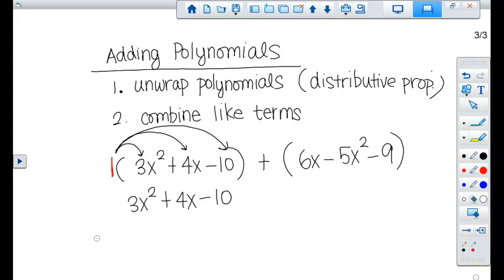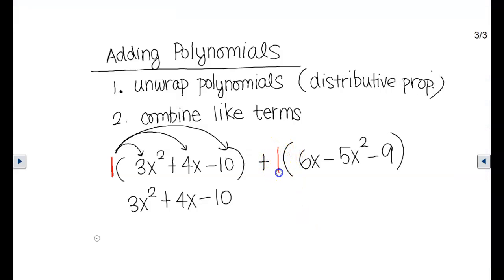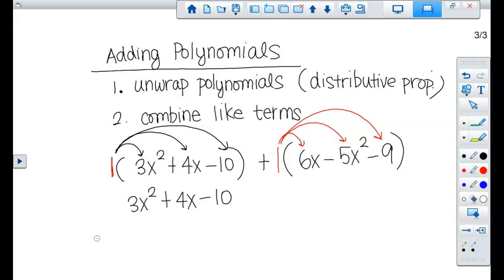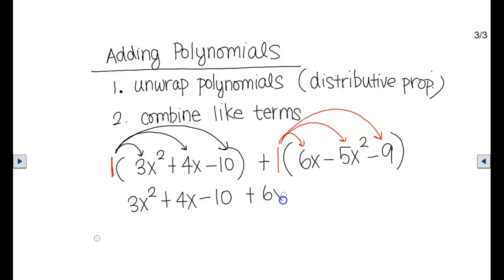When I come over here to my second polynomial, same thing. When I look here in front of the parentheses, I don't see a number, so I know there's an invisible 1 there. And he is a positive 1 because there's a plus in front of him, so I'm going to distribute that to all 3 terms in this polynomial. Now again, multiplying by 1 is not going to change anything, so 1 times 6x is still going to be 6x. 1 times negative 5x squared, still negative 5x squared.